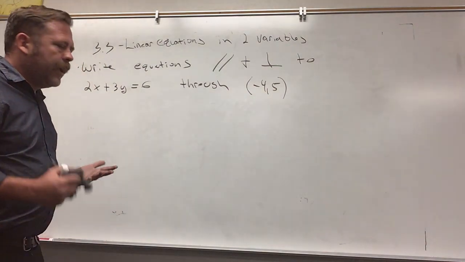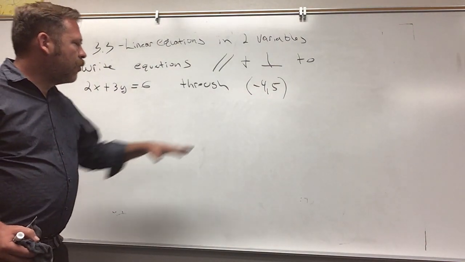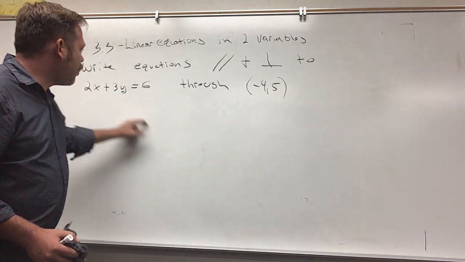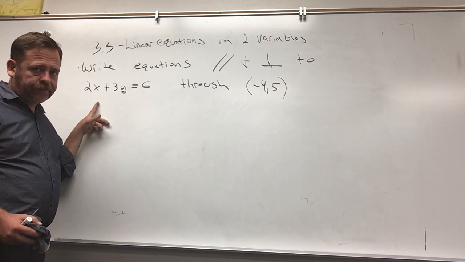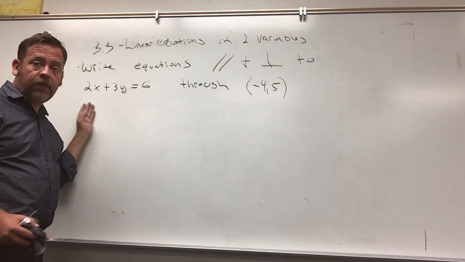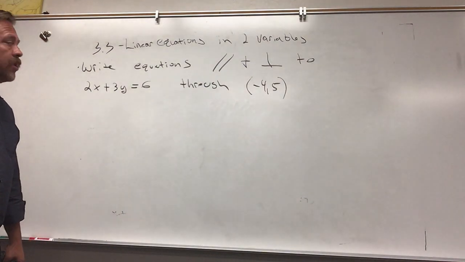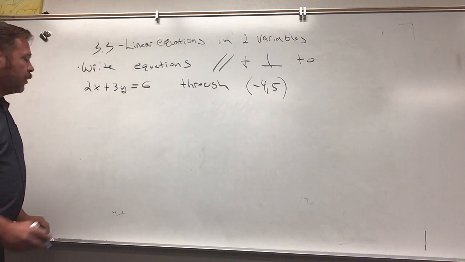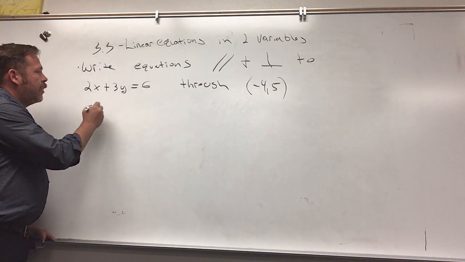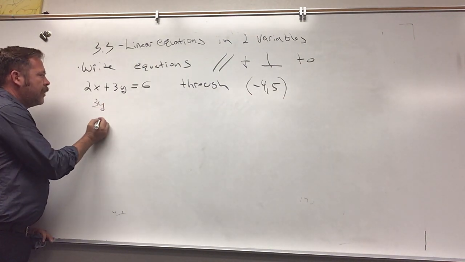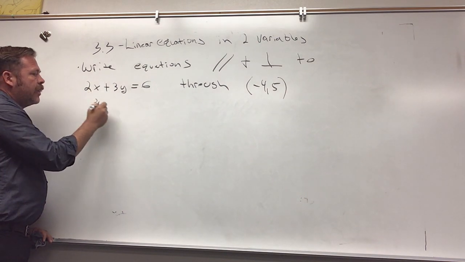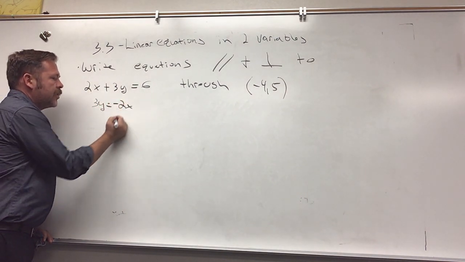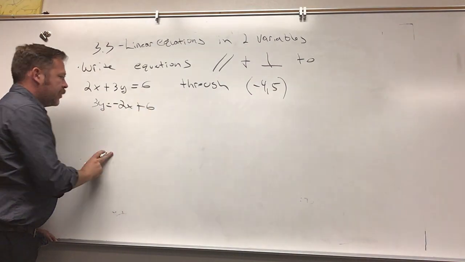So every time you have a point and a slope, which we're going to find from this equation, we're going to use the point-slope equation. The best way to find slope from this equation is to put it into slope-intercept form. So I'm going to say 3y, I'm going to subtract 2x from each side, equals negative 2x plus 6.